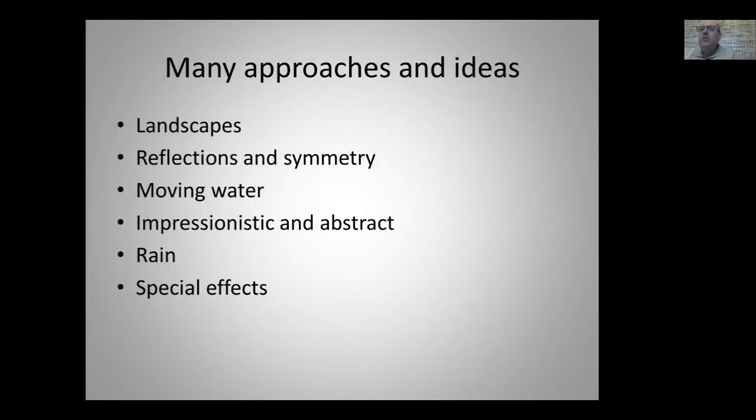Okay, so I'm going to use this as a guideline to talk about different things and the way water fits in and how to deal with them, maybe when you're talking about things such as landscapes, which is what most of us think about. Reflections and symmetry, moving water, I know that's always a big interest, especially to slow things down. What I call the impressionistic and abstract parts of what you can do with photography.